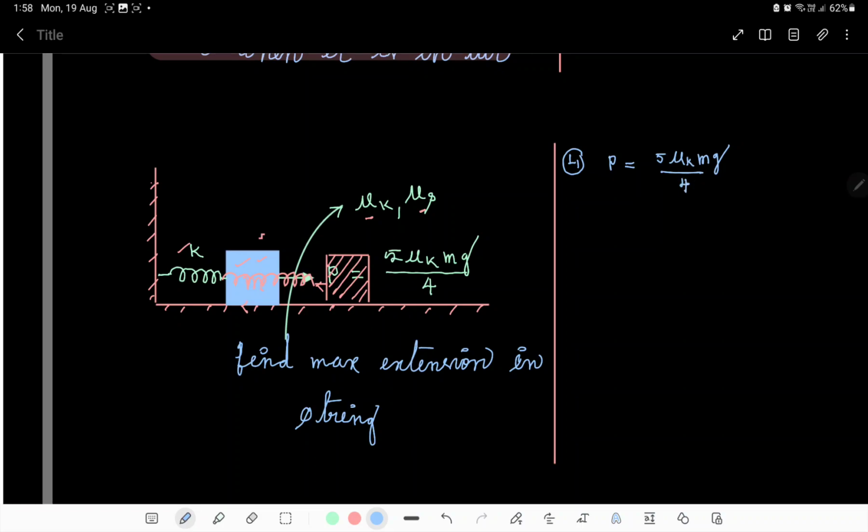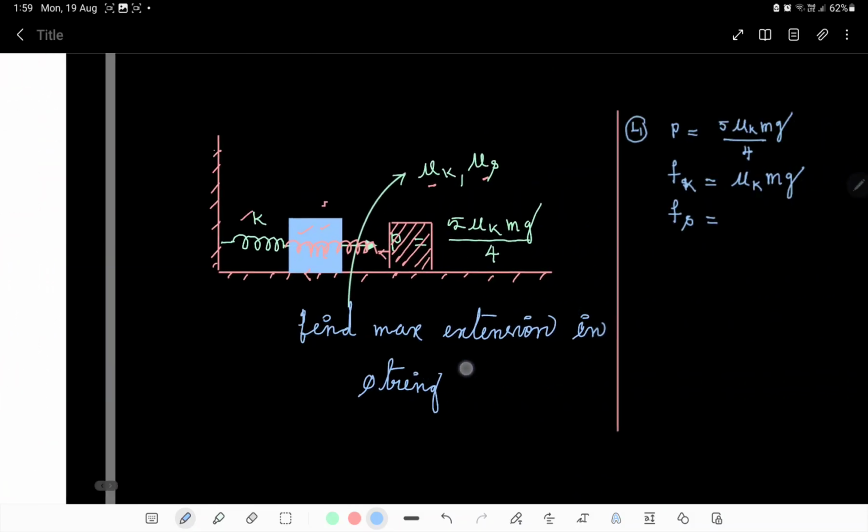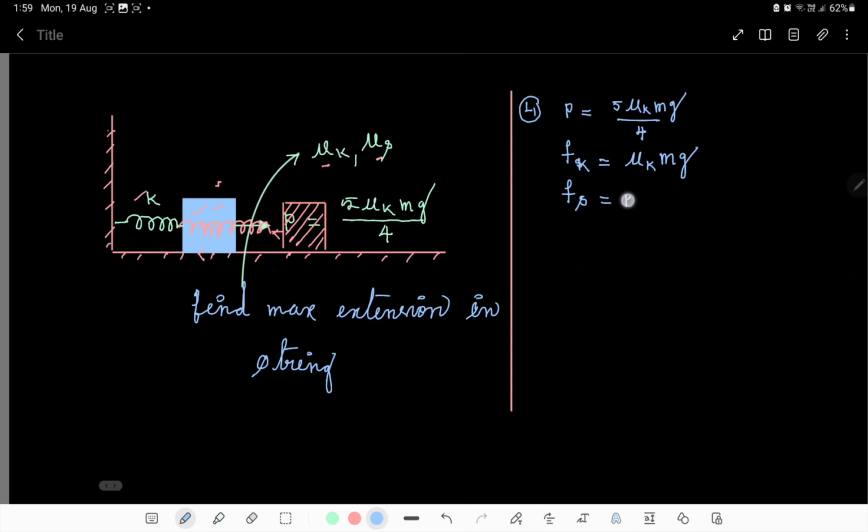There is a frictional force, fk, which will be equal to mu k into m into g, since the block is moving in the forward direction. And there is a spring force, fs, which is given in the question as kx cube. So these are the forces which are acting on the block.